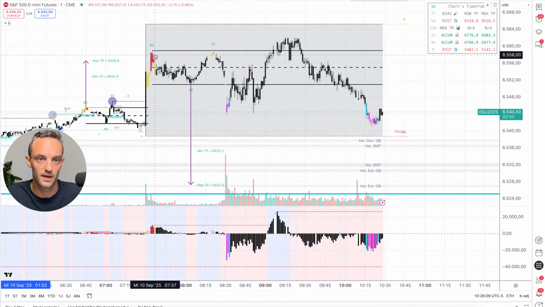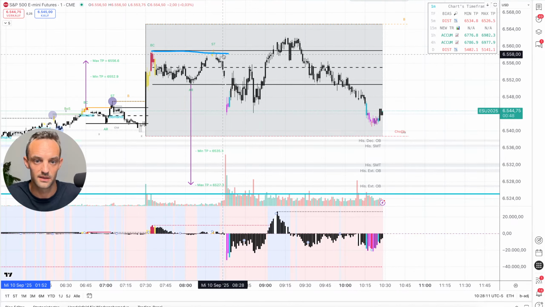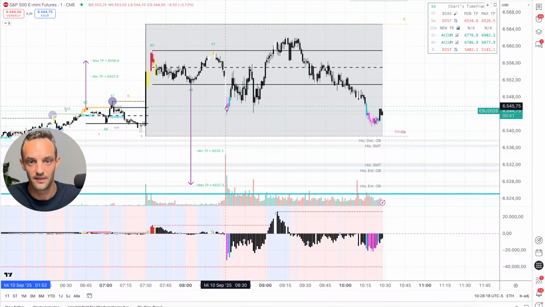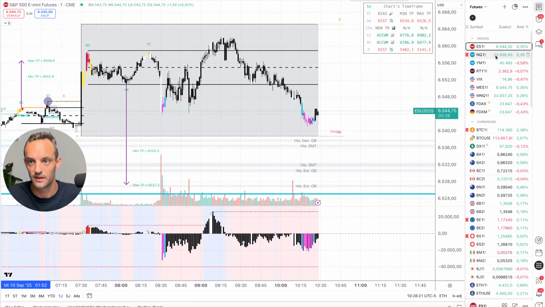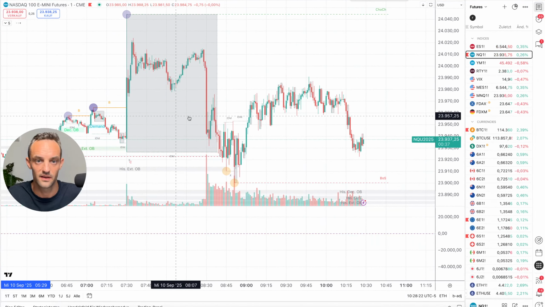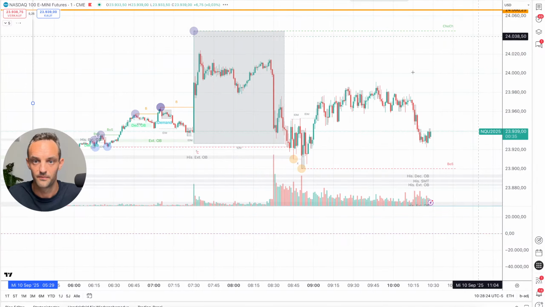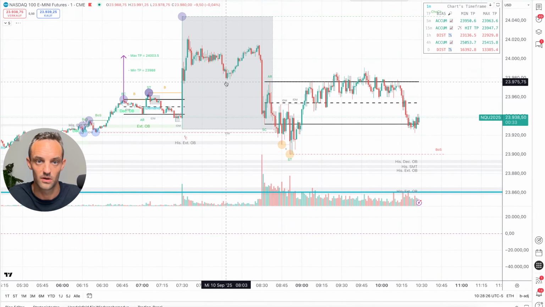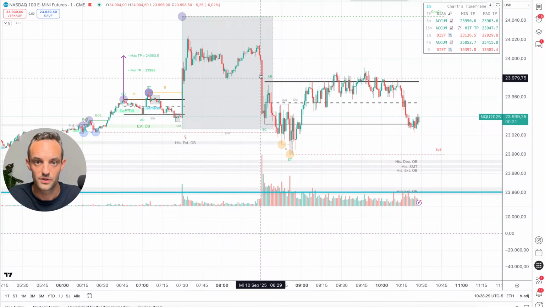On the 1 minute chart, we see a similar situation here. They immediately pushed to the downside. They couldn't continue. In the S&P, in the NASDAQ, let's go to the NASDAQ because I did this in the NASDAQ. Here in the NASDAQ, oh, it's even weaker. They pushed the downside.